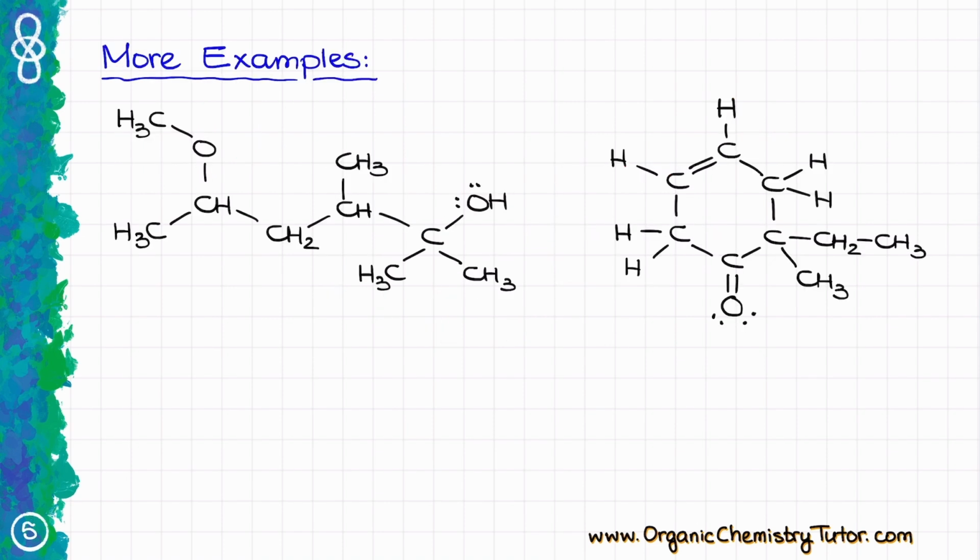Alright, so let's look at a couple more examples here. I want to take these molecules and convert those into the line structure. So first of all, I'm going to see where I have my carbons. I have carbons here, here, then a couple more carbons there, and also my first molecule has 1 and 2 oxygens.